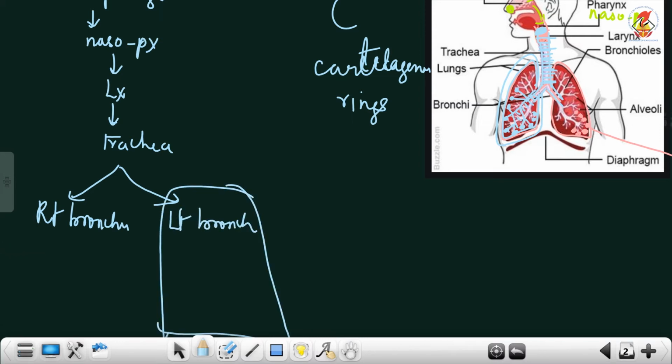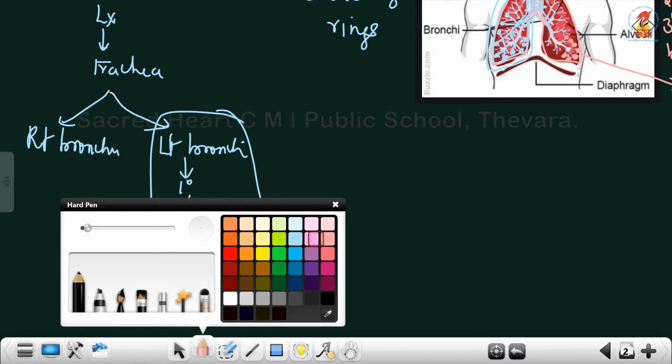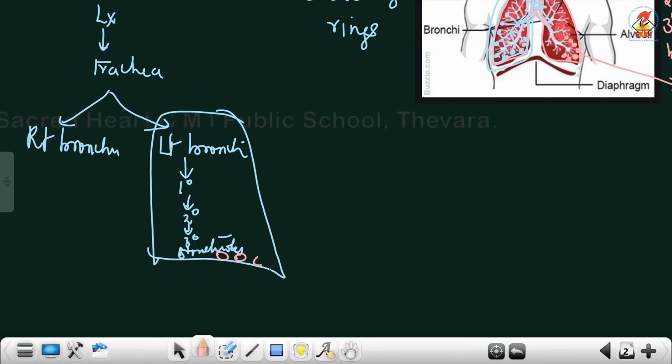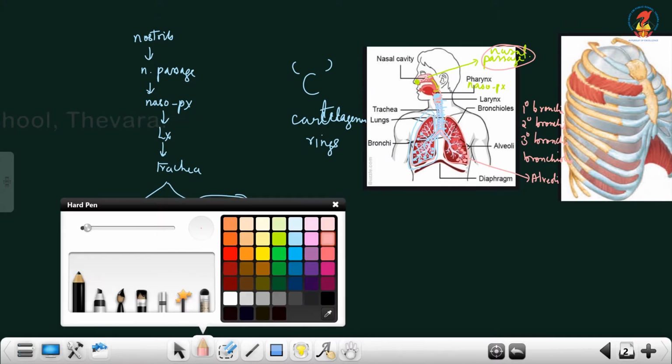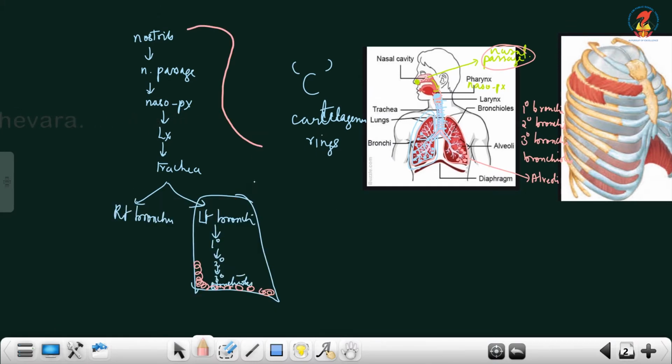So now it has entered the lungs, and within each lung the bronchi divide into primary, secondary, tertiary, and the finest branch called the bronchioles. And finally the bronchioles end up in highly vascularized air sacs. Now you can see the part extending from your nostrils till the bronchioles. This entire part is called the conducting part.